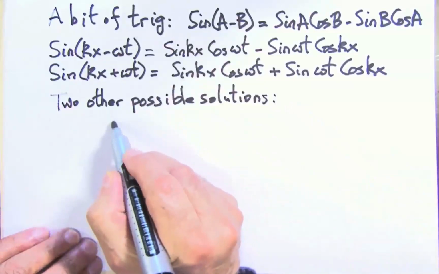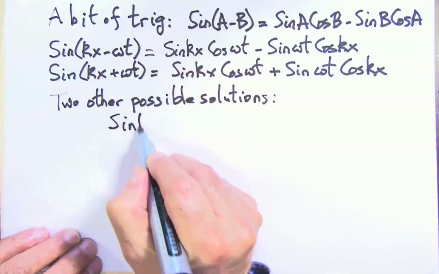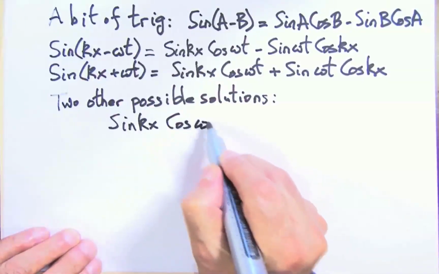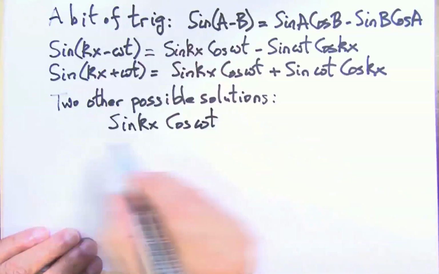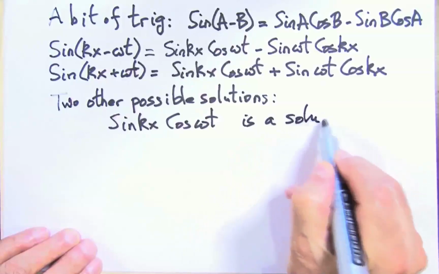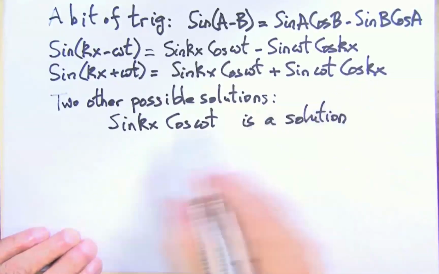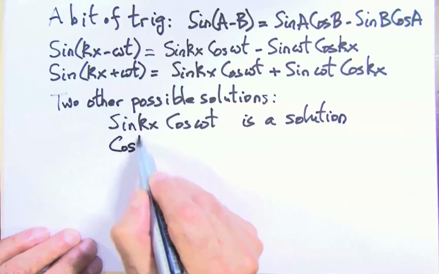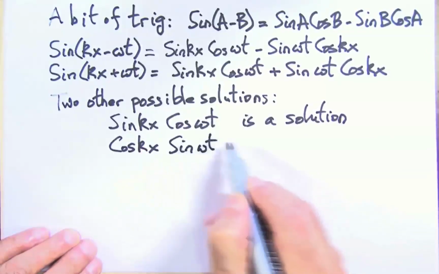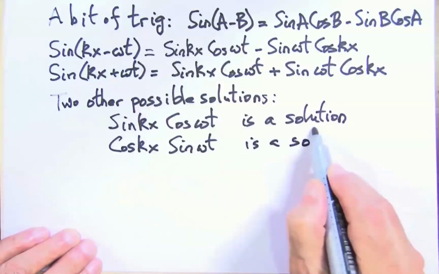And so I have sine of kx cosine of omega t. That's a solution. But also cosine of kx sine of omega t is a solution also.